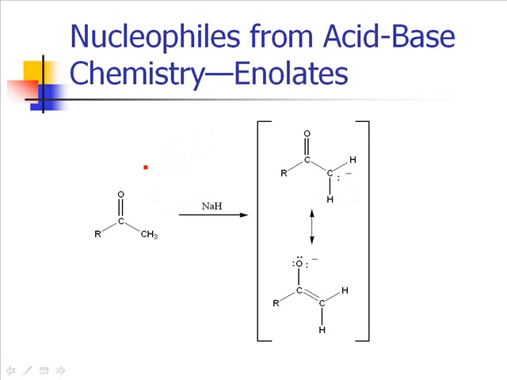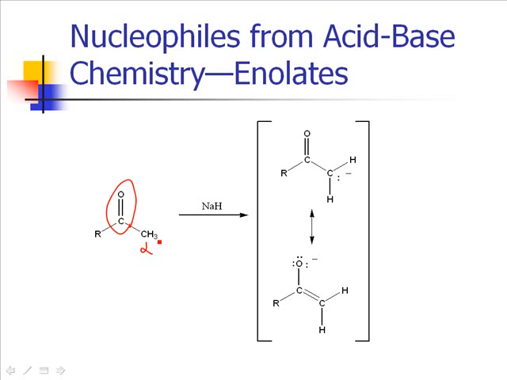Well, one family of reactions that unfortunately we're not going to be able to spend much time with in Chem 314 are nucleophiles that we can make from ketones, aldehydes, and related molecules. If we have a ketone or an aldehyde where we have a carbonyl group, the carbon attached to it is referred to as an alpha carbon, and the hydrogens on that alpha carbon are quite acidic.